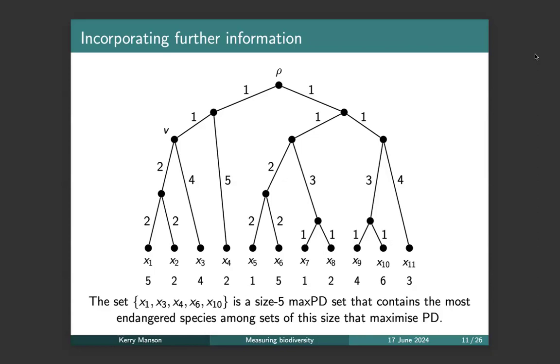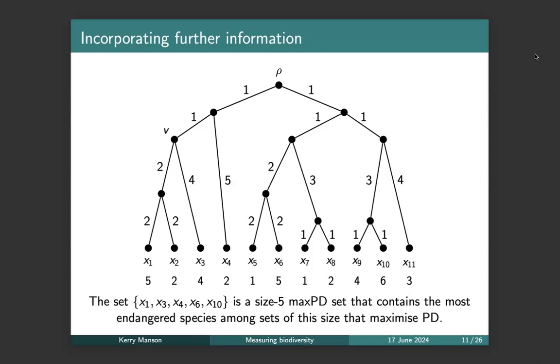And by using this idea of breaking the tree down into those groupings, there is an algorithm that I developed where we can find, in this case, the unique set, which is species 1, 3, 4, 6, and 10. This is a group of 5 species that has the maximum diversity, but contains the most endangered species amongst those sets that have the maximum diversity.